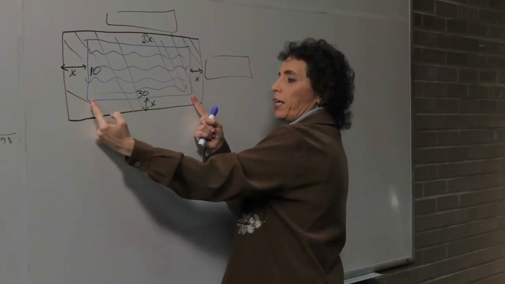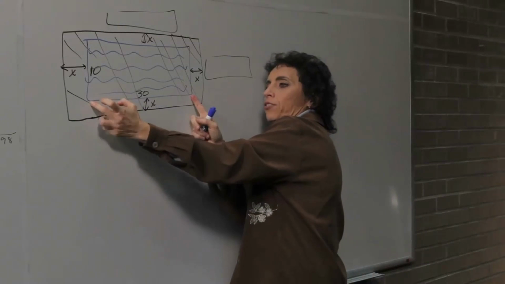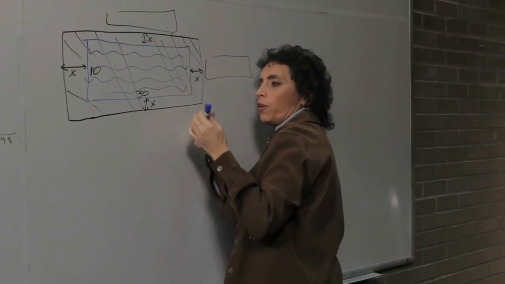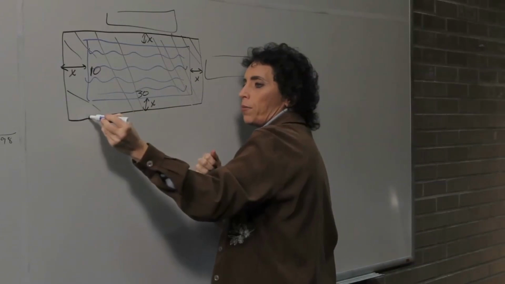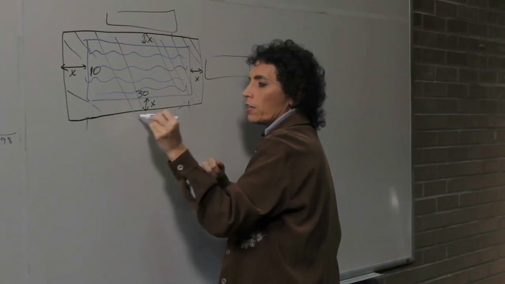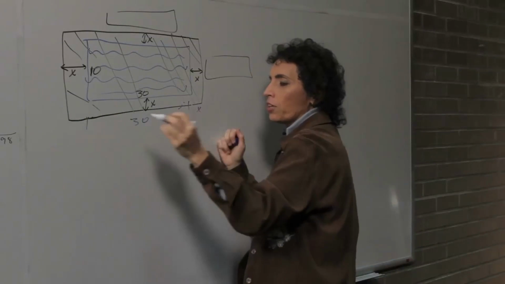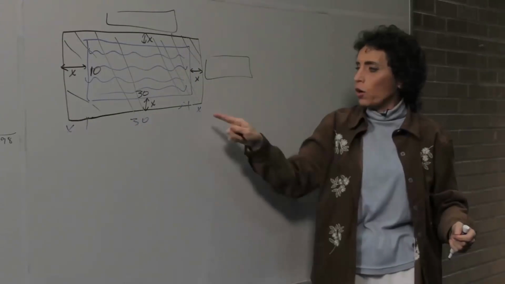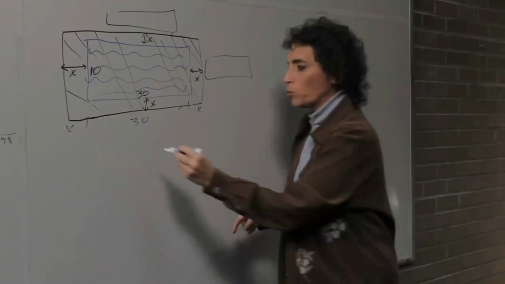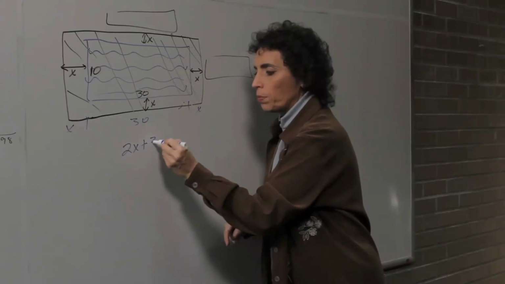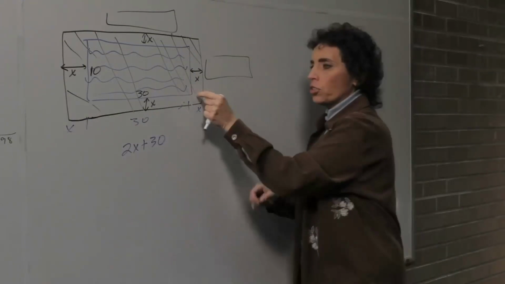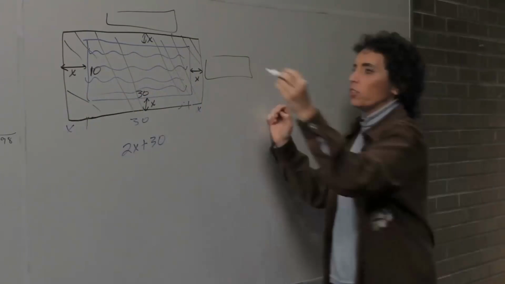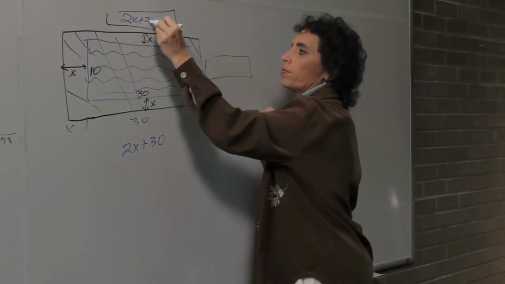This is 30 from here to here, but this piece is x, and this piece is x. So what's the length of that whole side? It's x plus x, or 2x, plus 30. So that's the length of this side.